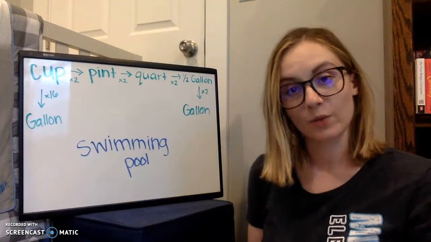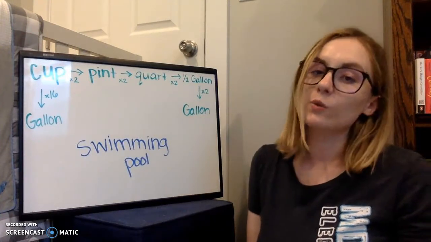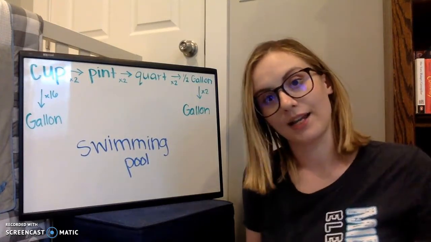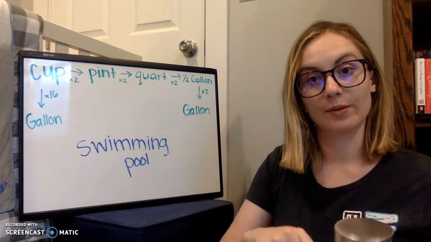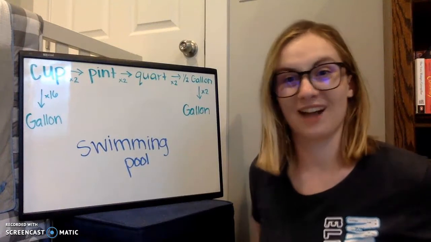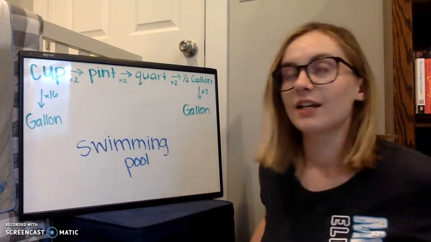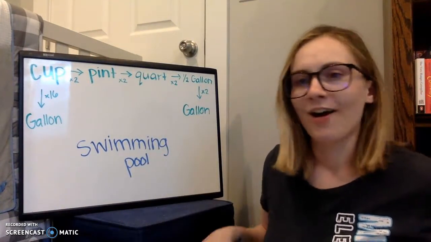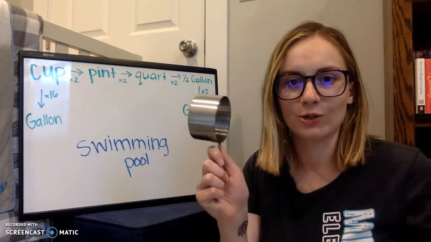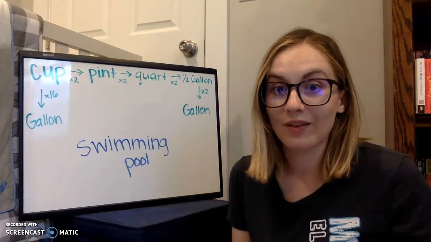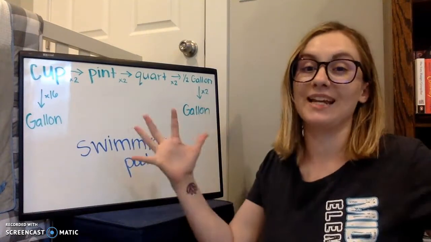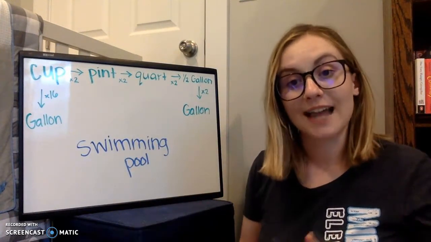Yeah, let's do one more. Now let's think about a swimming pool. For a swimming pool, are you going to sit there and measure out cups of water in the swimming pool? Are you going to want to know how many cups of water are in there? No, that'd be way too many. Are you going to want to know pints? That would only be 2 of these. Probably not. You're probably going to want that swimming pool measured in the biggest unit you can, which is gallon.